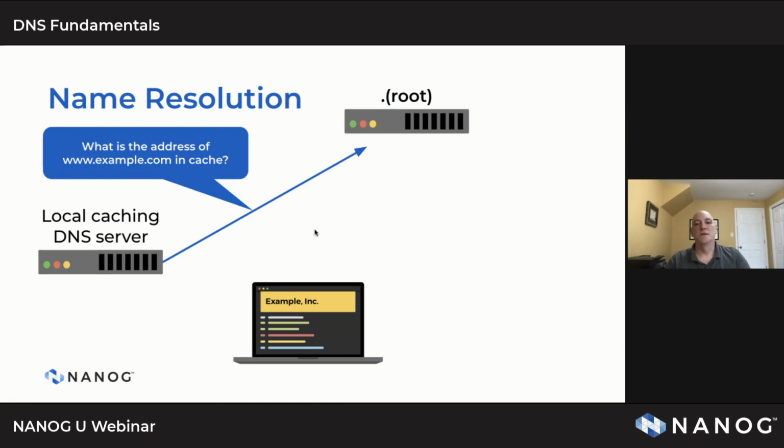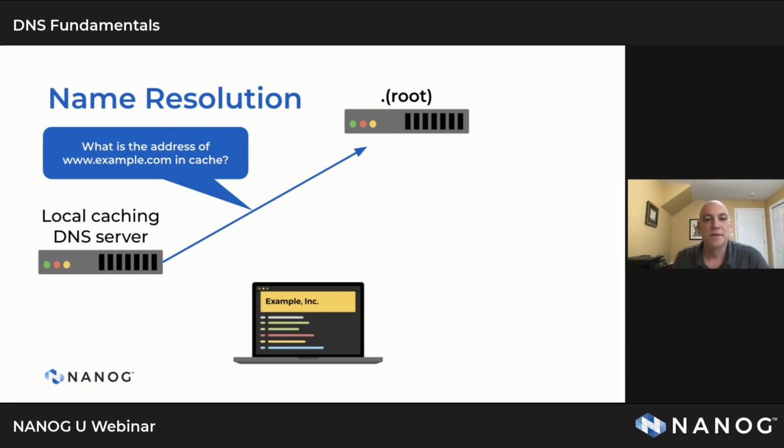All I know about are the addresses of the root servers. So as the DNS is designed, this resolver is going to ask the root servers the address of www.example.com, right? You may already be seeing some privacy concerns in the original design. There's a thing now called QName minimization.